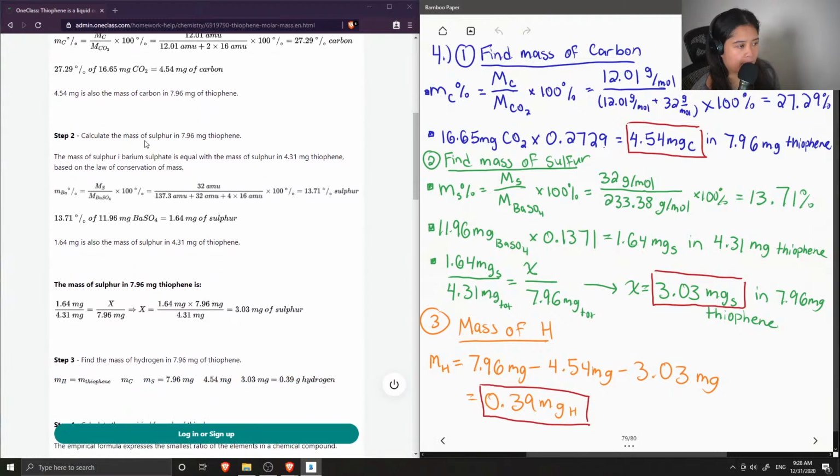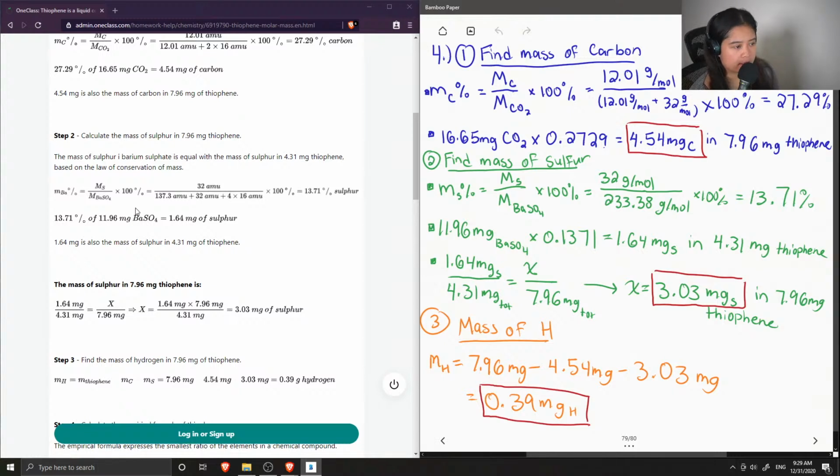Step 2, calculate the mass of sulfur in 7.96 milligrams thiophene. So the mass of sulfur in barium sulfate is equal with the mass of sulfur in 4.31 milligrams thiophene based on the law of conservation of mass. So I think they meant to put sulfur instead of barium for this mass percent.